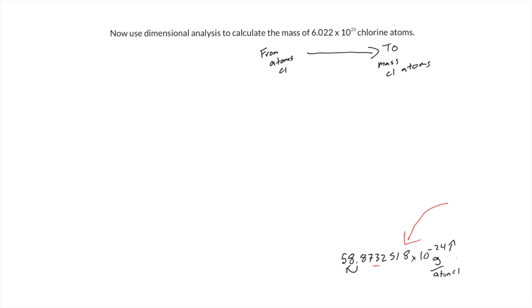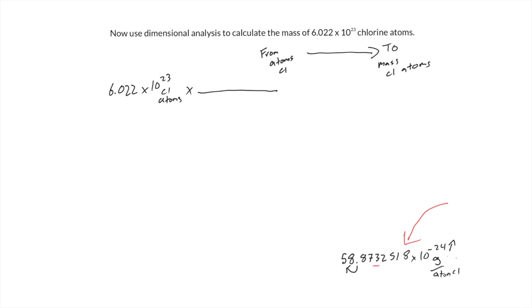So we take our value that we're converting from, which is the amount of chlorine atoms, 6.022 times 10 to the 23rd chlorine atoms, times our conversion factor we obtained from the last problem.